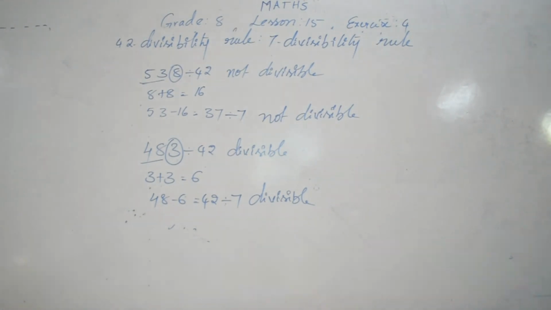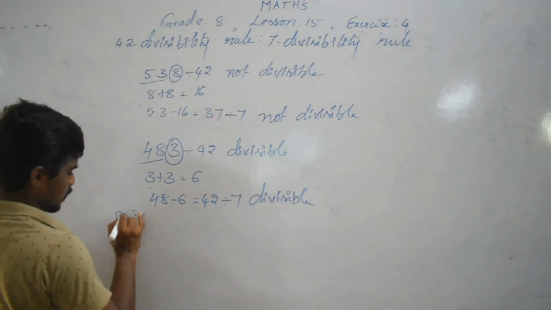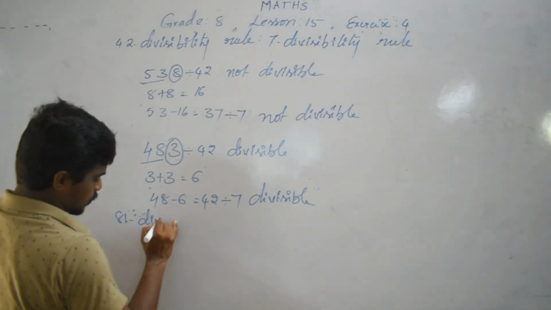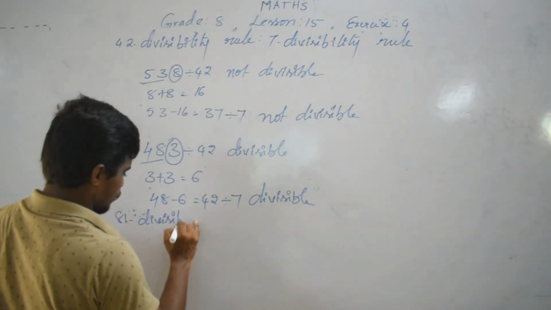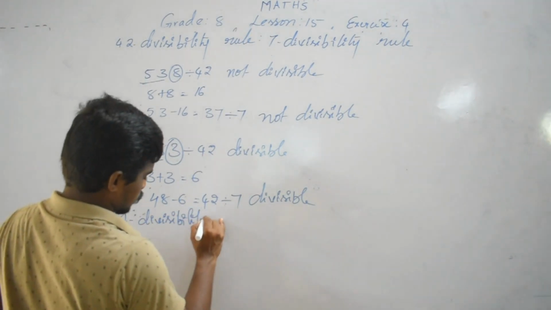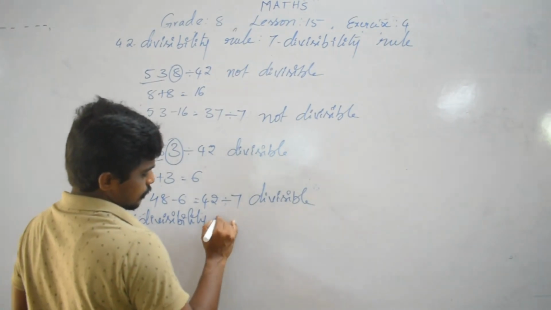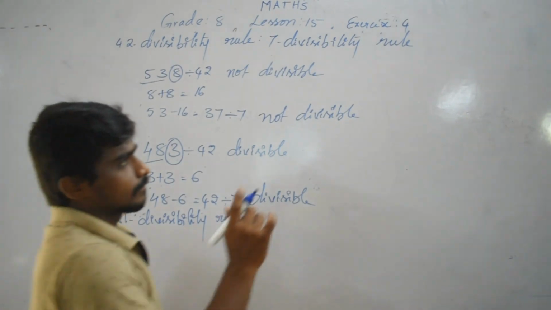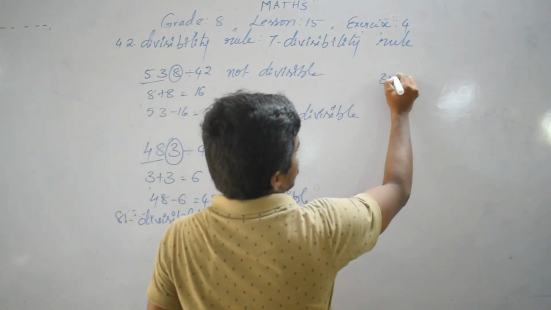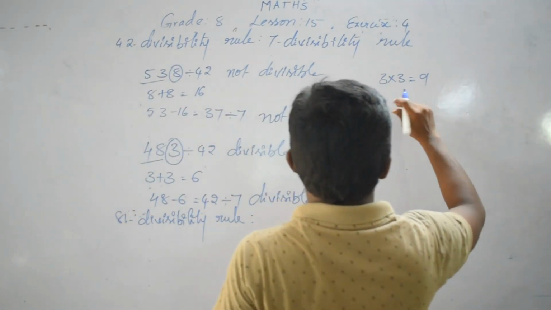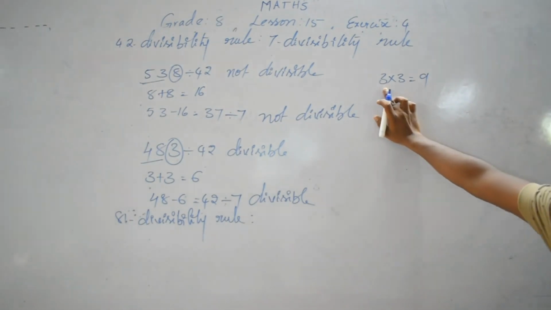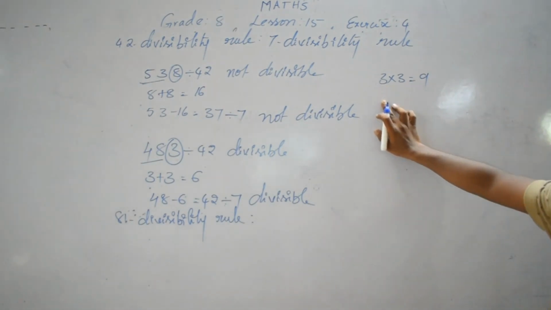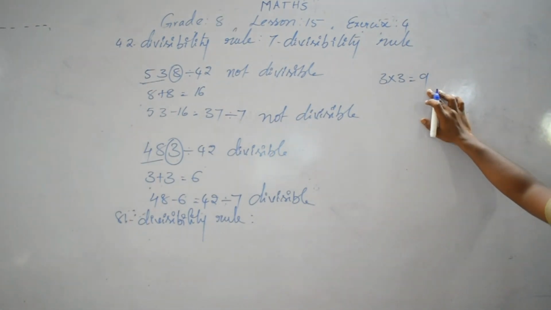Next one, the 81 divisibility rule. See, 3 3s are 9. So as is the divisibility rule for 3, 9 also has the same kind of rule. What is the 3 divisibility rule?